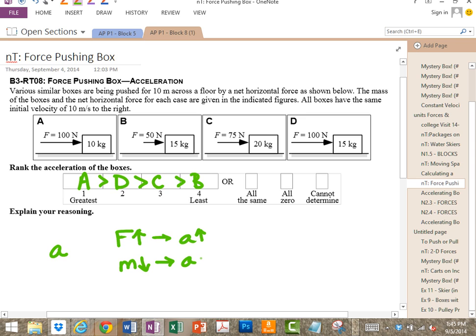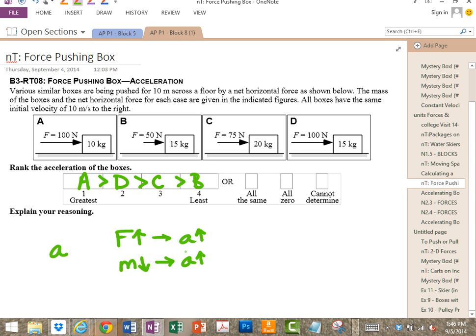So that's why we put A before D, because they have the same force and A has less mass. Awesome, keep talking. For C, I'm not sure, but I thought since you're putting in more force, there's a bigger net force.